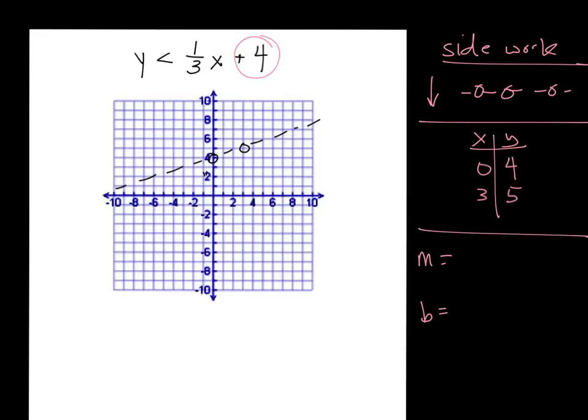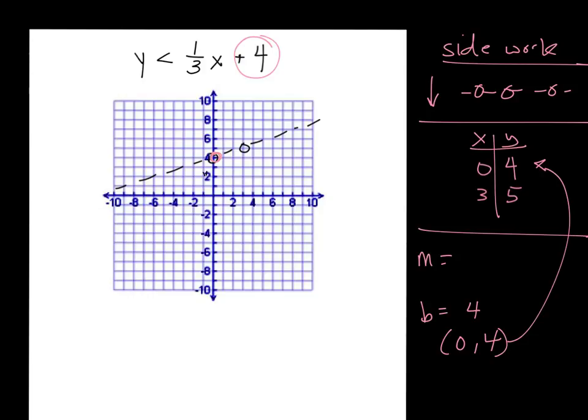Now if I want to do this with m and b, for your side work you label b as 4, and that comes from your equation, but you need to know that that's the coordinate pair 0, 4. Regardless, you start the same up here. When I mark that on the graph, there it is, open circle.